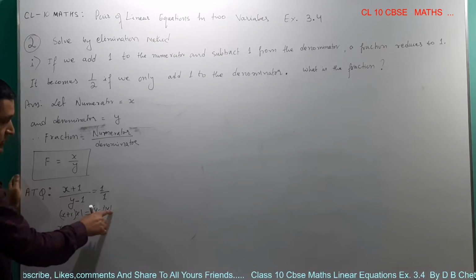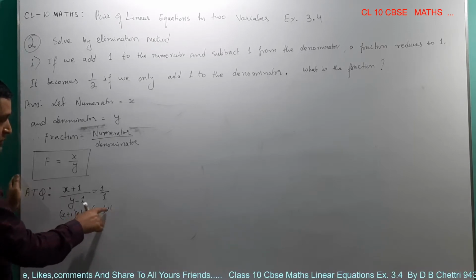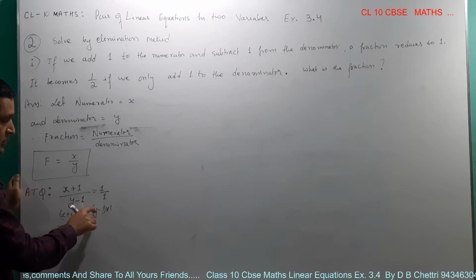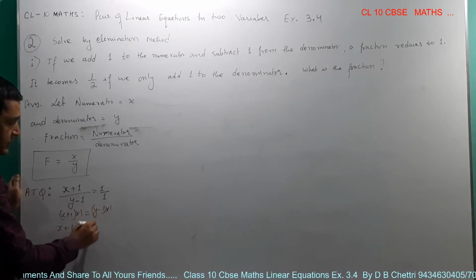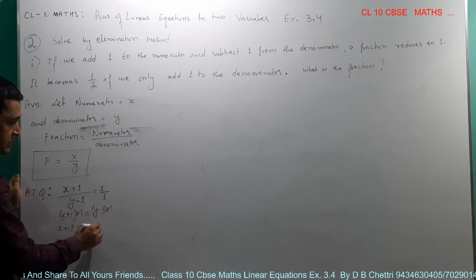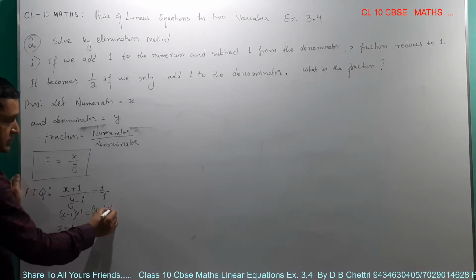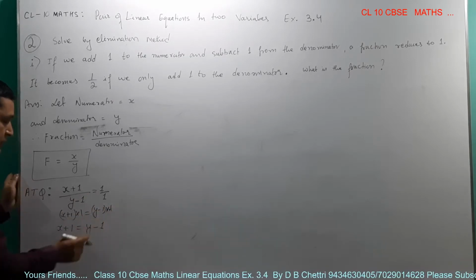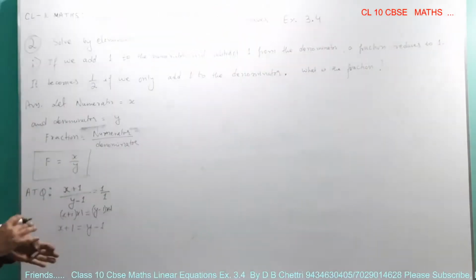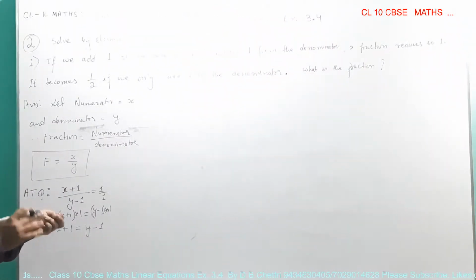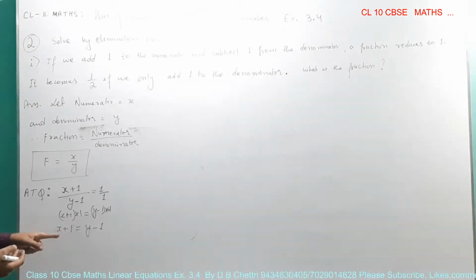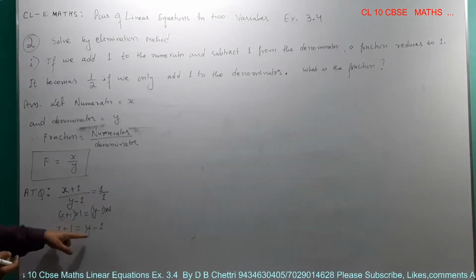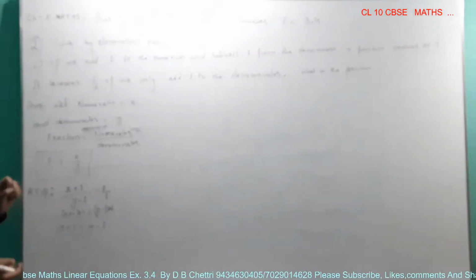Equals, take this 1 and multiply to both: plus multiply plus is plus, 1 multiply y is y, then plus multiply minus is minus, because if there is no sign it means plus sign is there, then 1 multiply 1 is 1. Now take the variables to one side and the numbers to the other side.